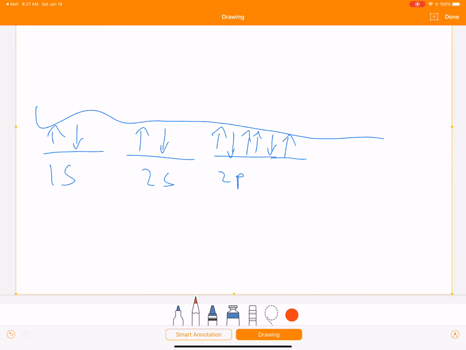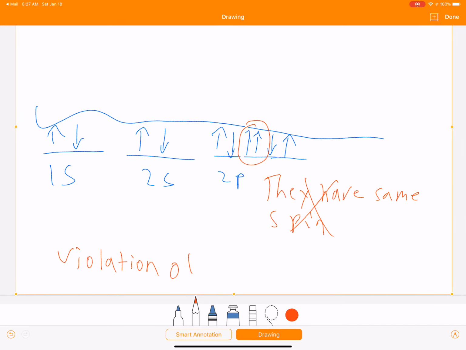Okay, so what you should see automatically is that we were going to write the configuration for neon, but we made a mistake right here because they have the same spin. And that's not allowed. So this is a violation of the Pauli exclusion principle.